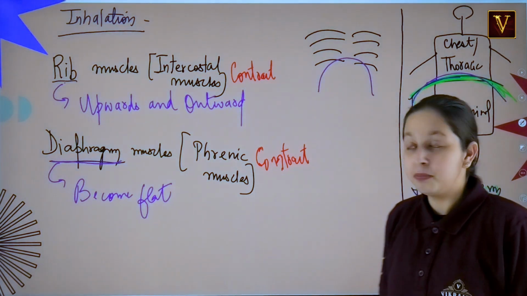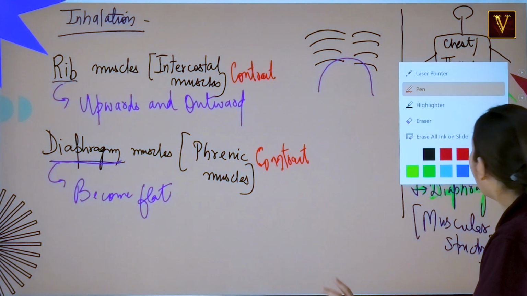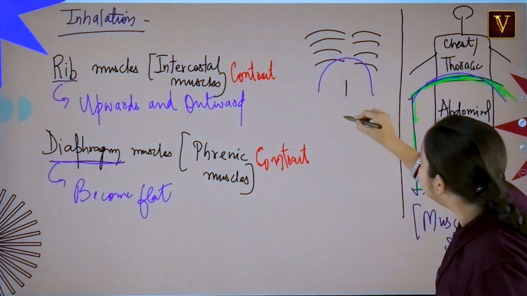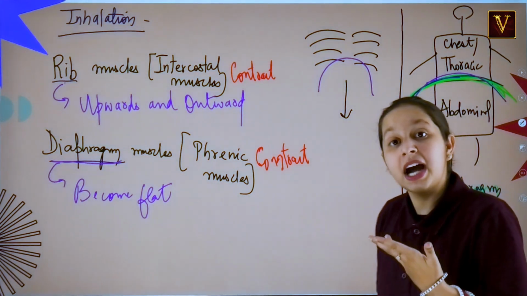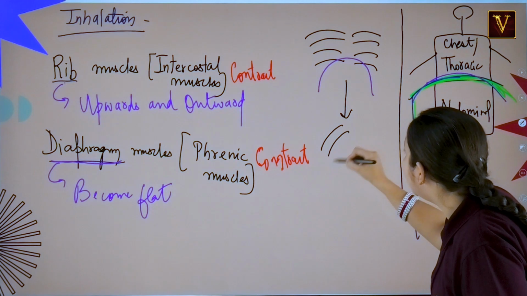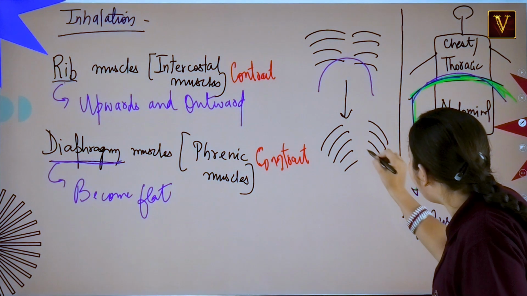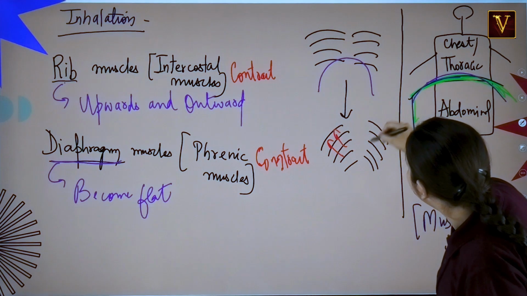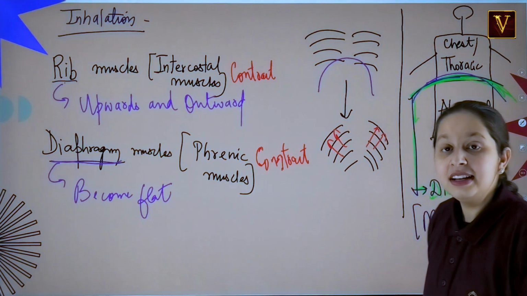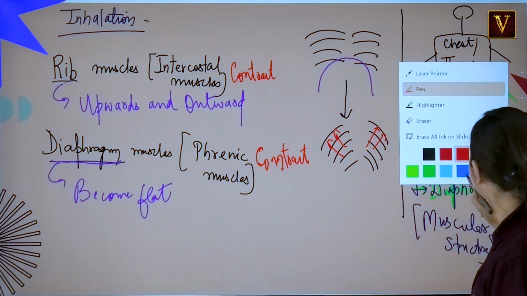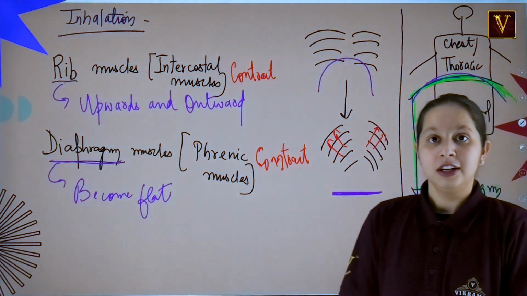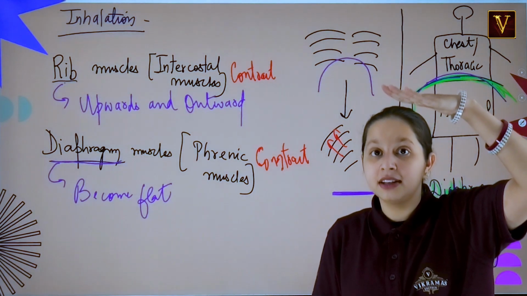This is the normal state. Now, when the rib muscles and the diaphragm muscles contract, the ribs move upward and outward, and the diaphragm becomes flat with the contraction of the phrenic muscles, from dome-shaped to flat.